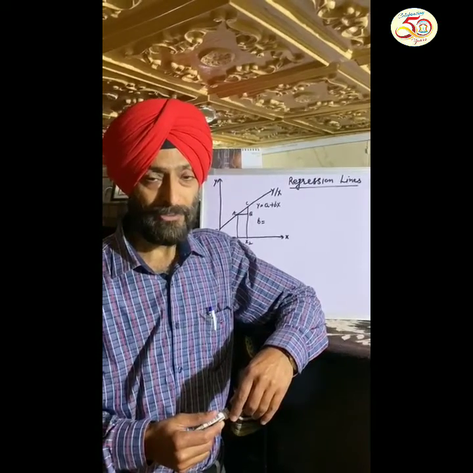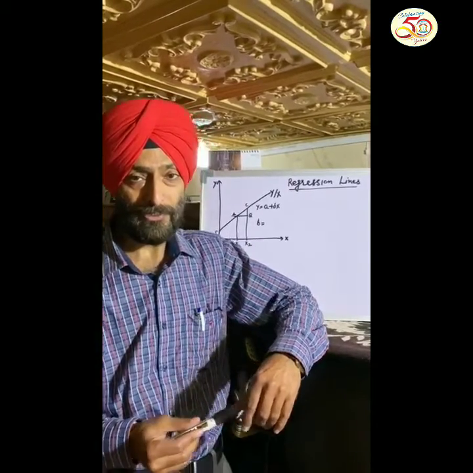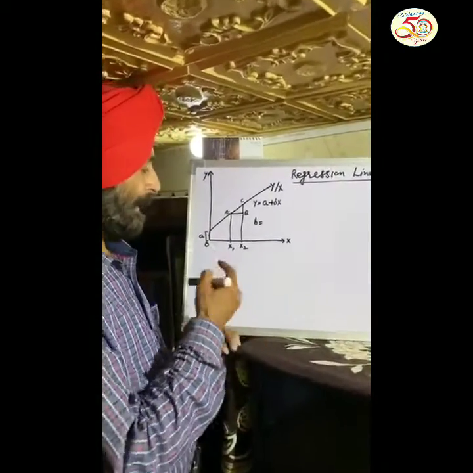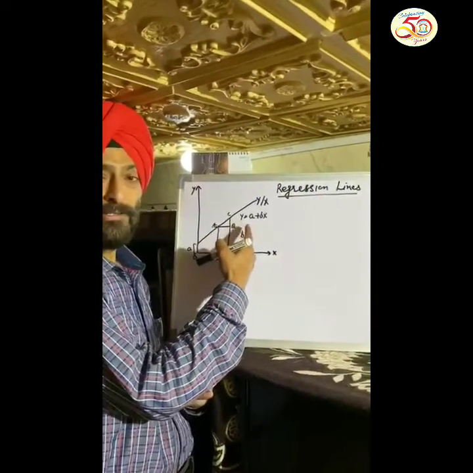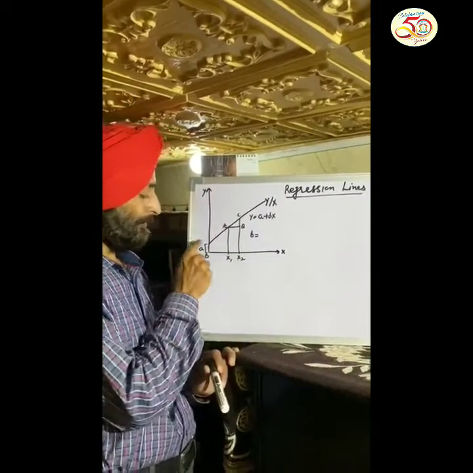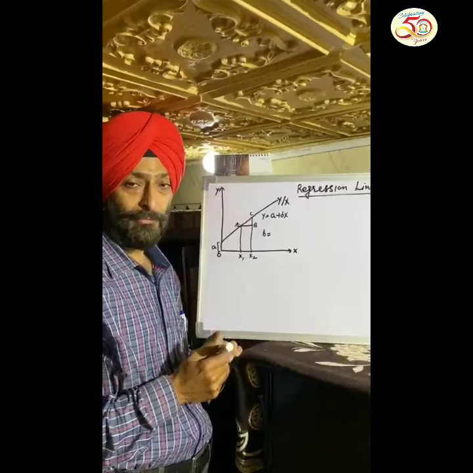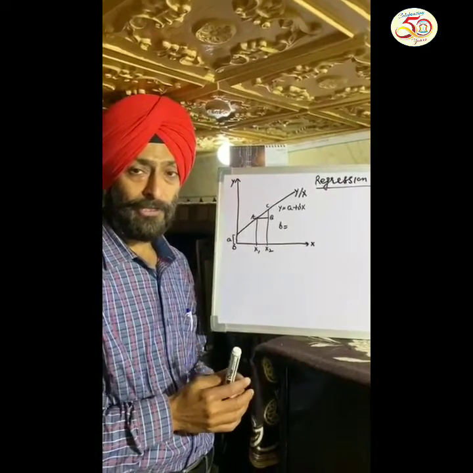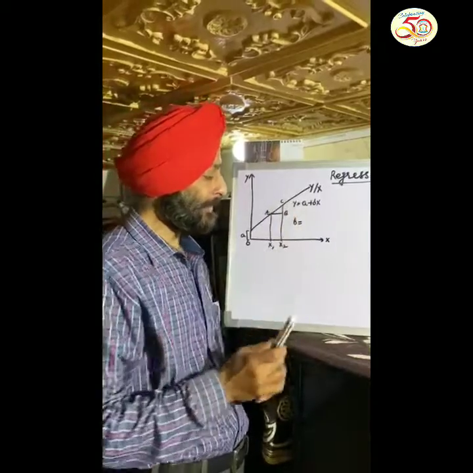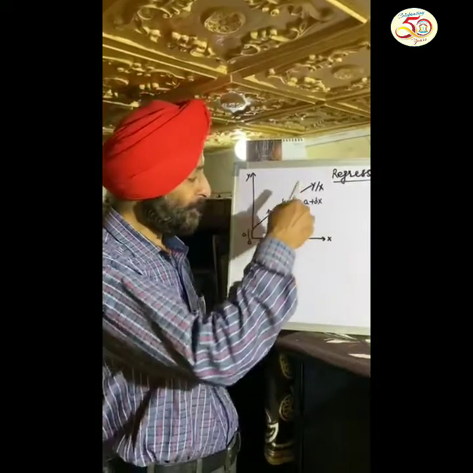So far as the regression line of y on x is concerned, we can explain it here with the help of this figure. As is clear, the line is y = a + bx, and this a is the intercept. It is the value of variable y when x is 0. Secondly, what is b? b is the slope of this line.